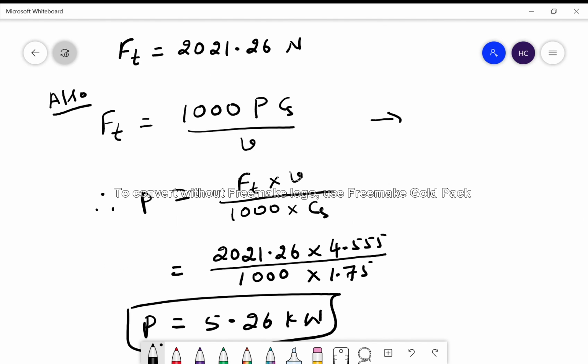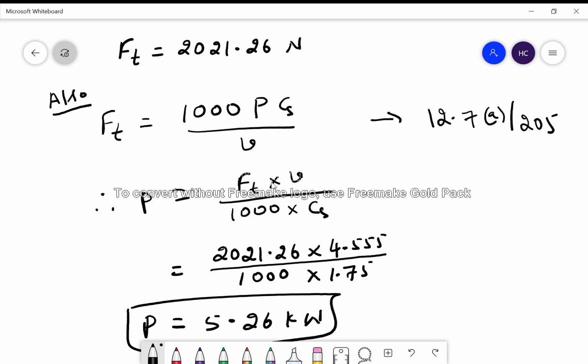So this equation is 12.7a, page 205. Already you are familiar with this equation. So Ft is equal to 1000 into P into Cs by V. P is power.